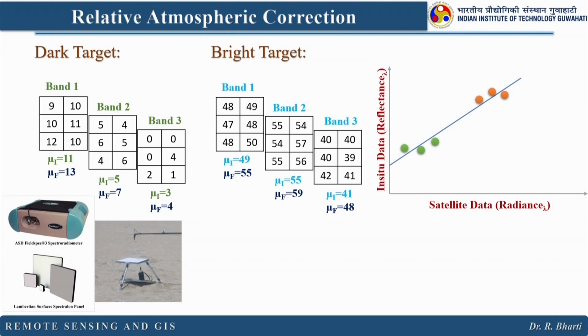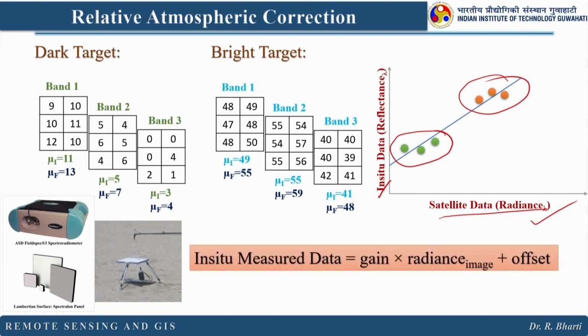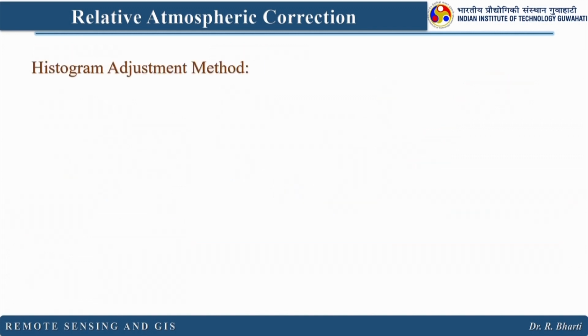So, you can easily plot these data sets. Here you have the dark target, here you have the bright target, on this side you have in situ data and on this side you have satellite radiance data, and then you can definitely generate an equation and correct the whole image, right. I hope this is clear. This is very easy and very interesting, right.